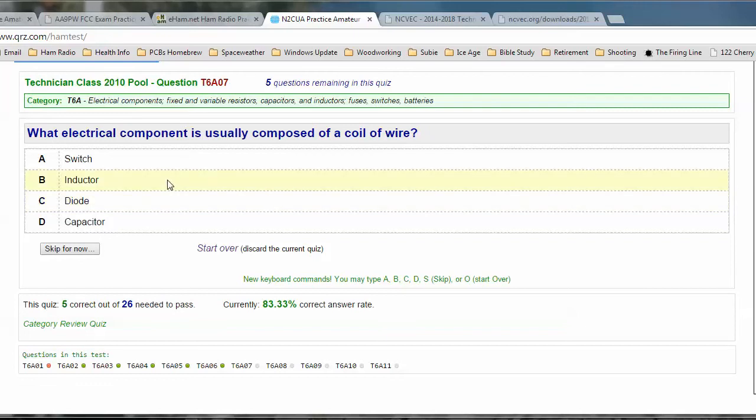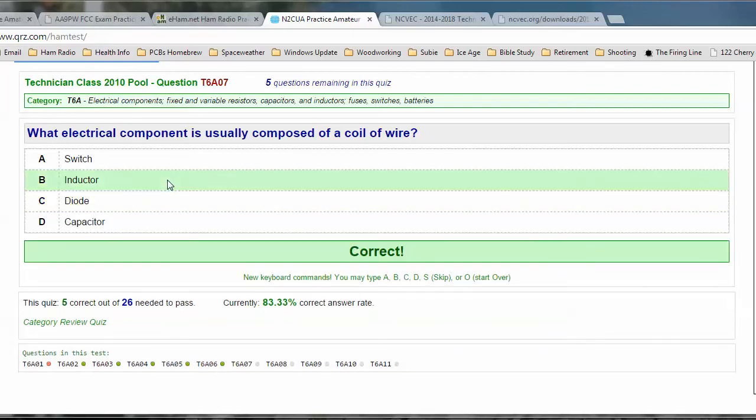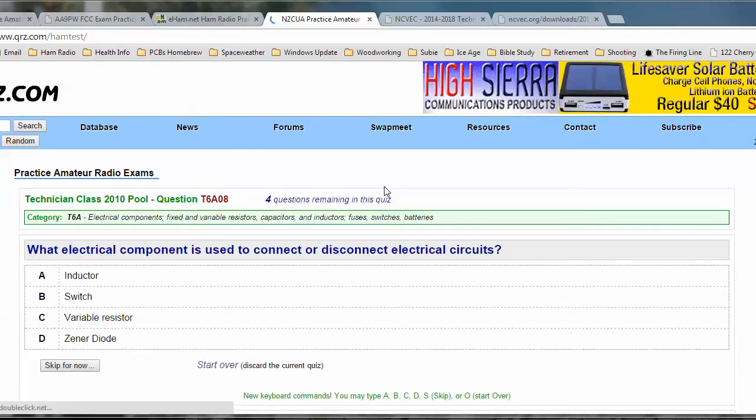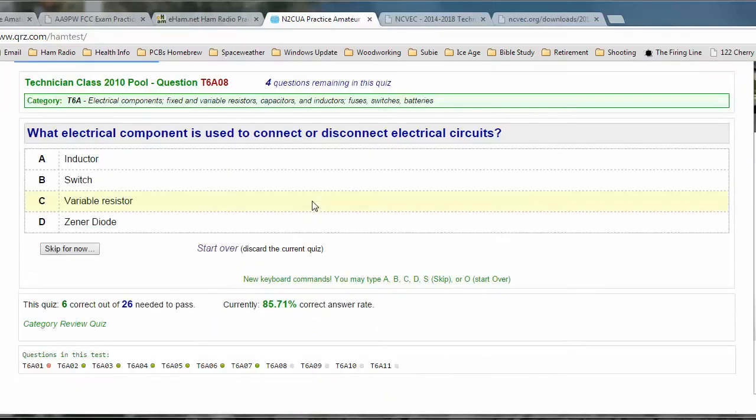So if a transformer was in here it would be confusing, but a transformer is an inductor as well, just not in the conventional sense. If somebody says you need an inductor in that circuit, you're going to think of a toroid with some wire wrapped around it, not necessarily a transformer.